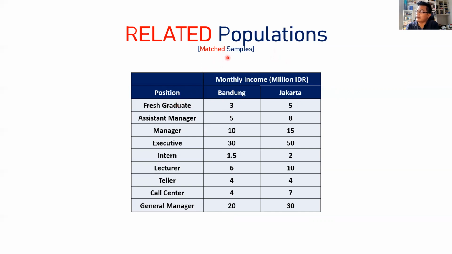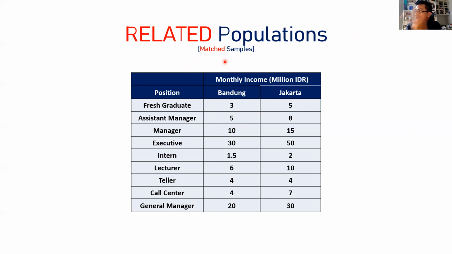That's why in related populations we have the notion of matched samples. The data identifier is the same, but the data records come from different populations. So there are two different populations, but they have similar characteristics. Okay, this is one case of related populations.